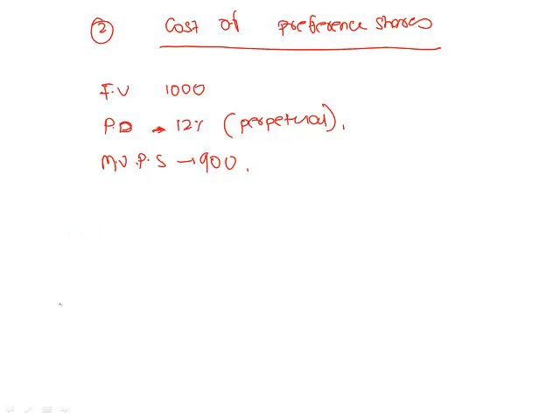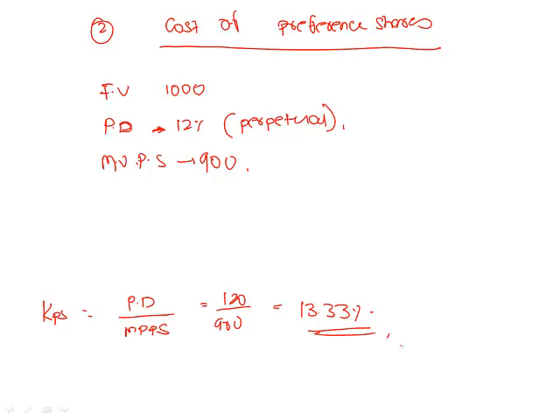The formula is cost of preference share equal to preference dividend divided by market price of preference share. So 120 divided by 900, that would be 13.33.